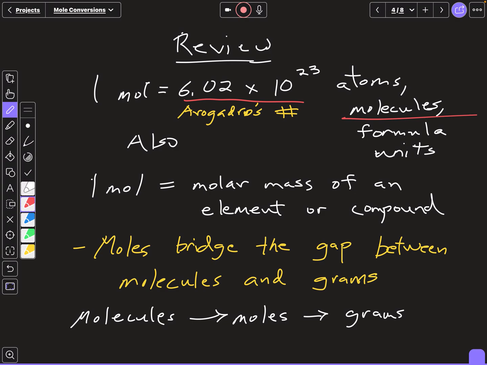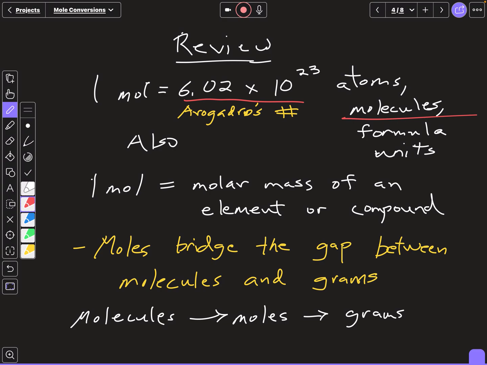So if I have a mole of zinc, it's going to have 6.02 times 10 to the 23rd atoms. If I have a mole of carbon dioxide, it's going to have 6.02 times 10 to the 23rd molecules. If I have a mole of the ionic compound sodium chloride, NaCl, it would have 6.02 times 10 to the 23rd formula units.